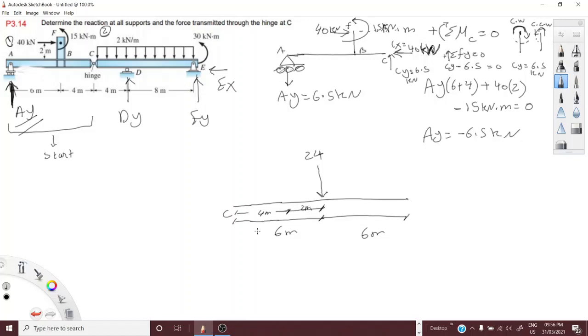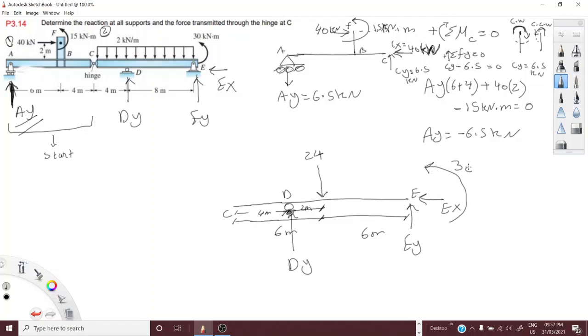We have a roller at D, which represents Dy, and we have Ey and Ex, and we have an external counterclockwise moment.